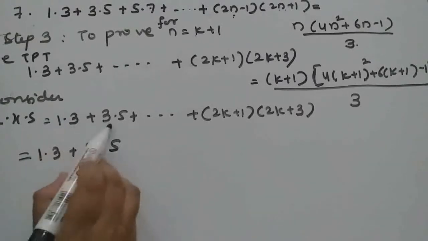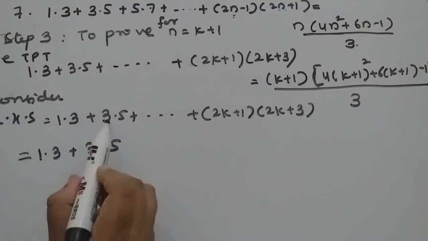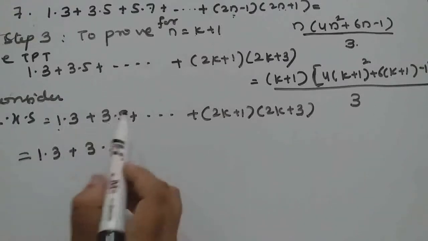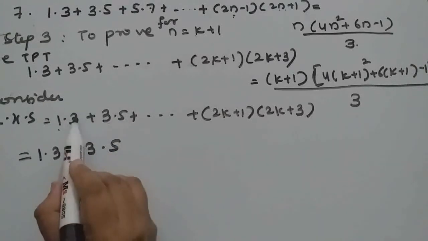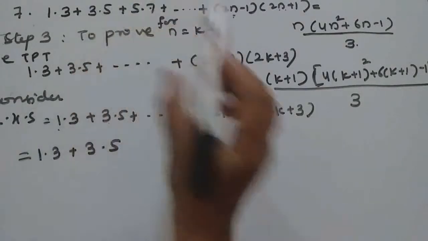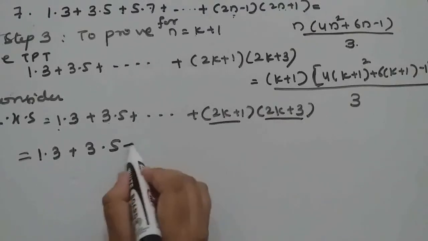See, now you have to observe the given terms. For the previous term you should subtract 2. 3 minus 2 is 1, isn't it? 5 minus 2 is 3. Here also 7 minus 2 is 5, 5 minus 2 is 3, means you should subtract 2 from each bracket to get the previous term.